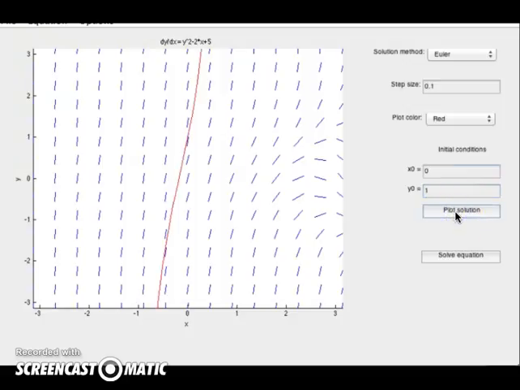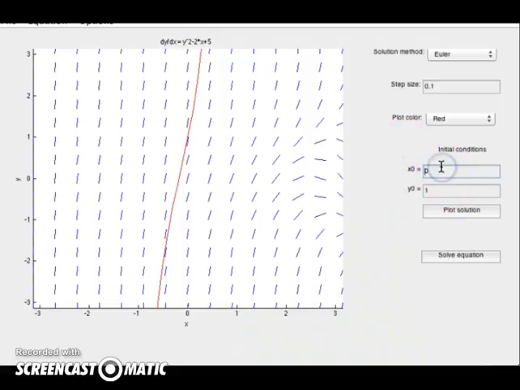Then I'm going to take a look at what happens if I start with such values on the initial condition. This curve appearing here in red is telling us information about the so-called trajectory, and this trajectory is the trajectory of the solution of the differential equation.